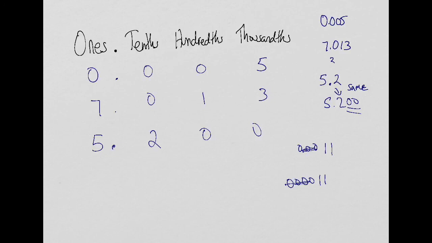So if you had the number 3.450, or you would write it like 3.45, this right here is the preferred method. We tend to not write them like this. It gets confusing, especially when you start doing more complicated math.